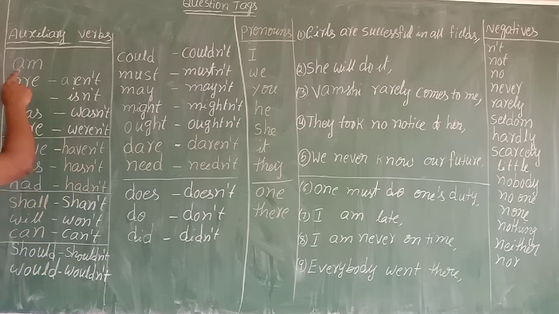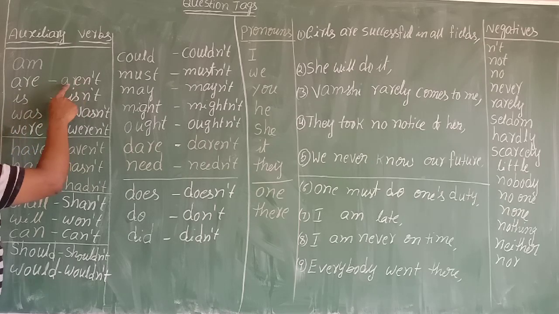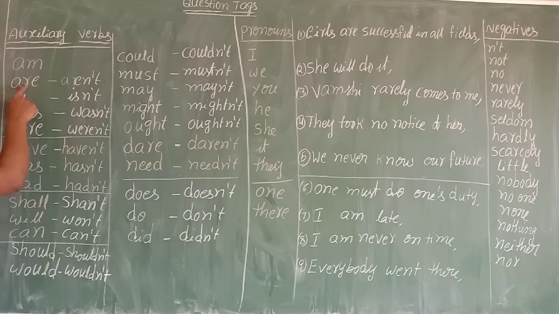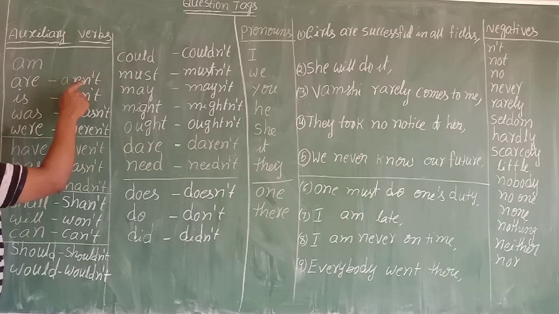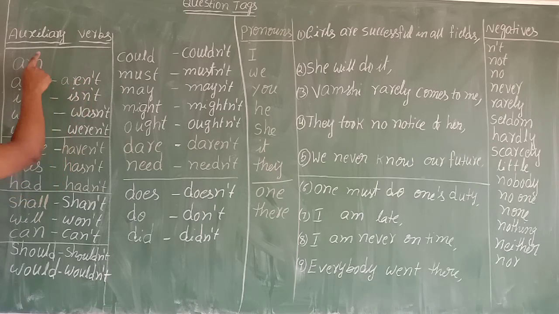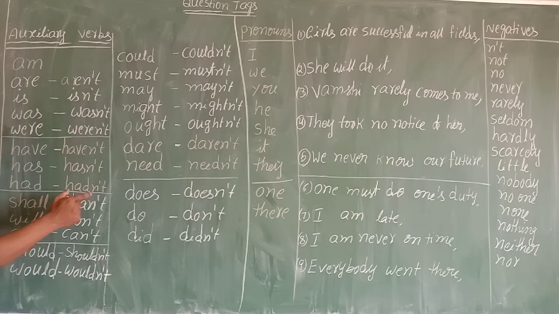Now see, am, are are auxiliary verbs. The contracted form is aren't, that means are plus not. When we use not like this, it is called contraction. So, helping verbs without contraction and with contraction.